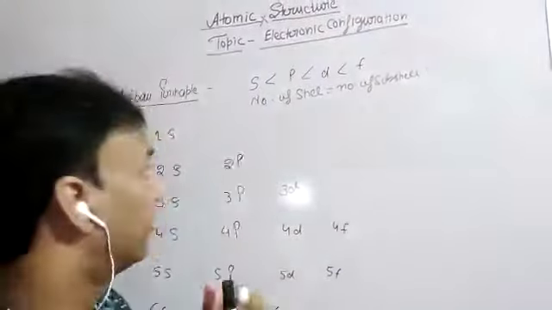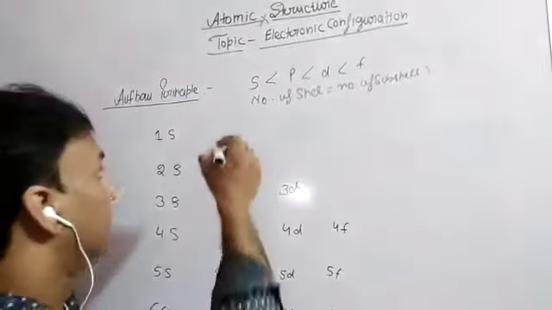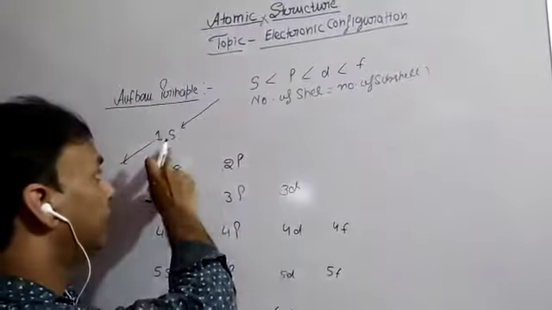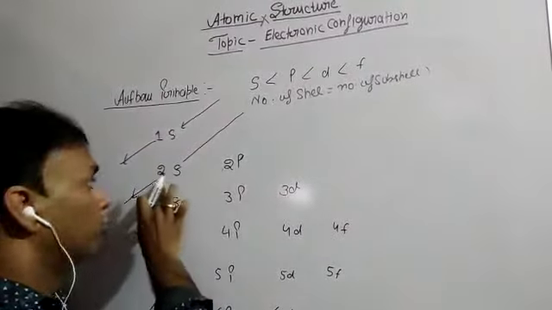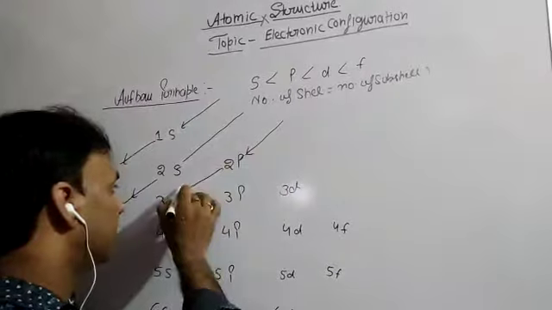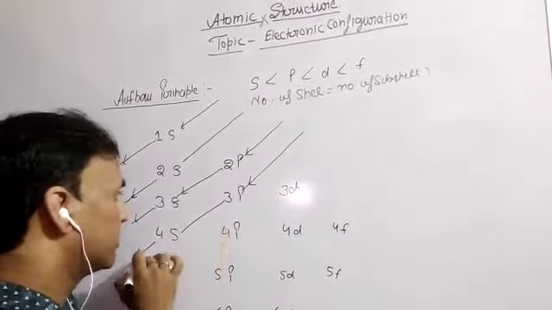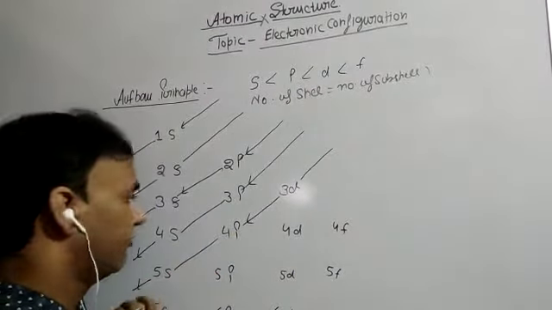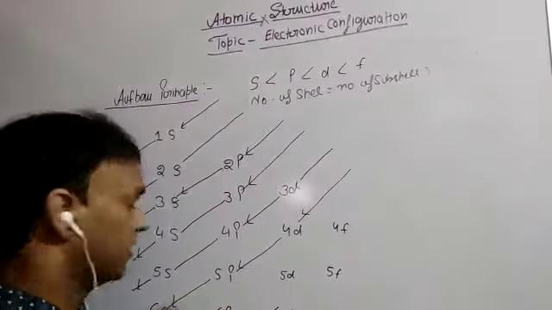This is the electronic configuration order: the electron enters initially in 1s. After completing 1s, it goes towards 2s. After completing 2s, then 2p, then 3s. Then 3p and 4s, then 3d, 4p and 5s. Similarly 4d, 5p and 6s.